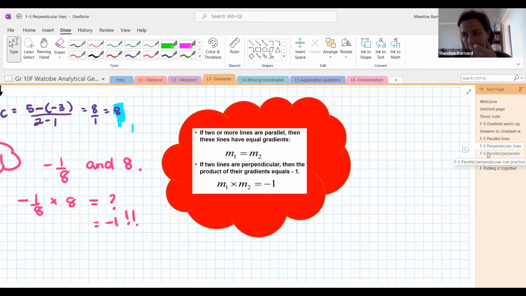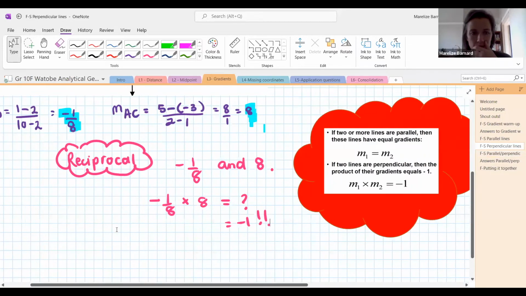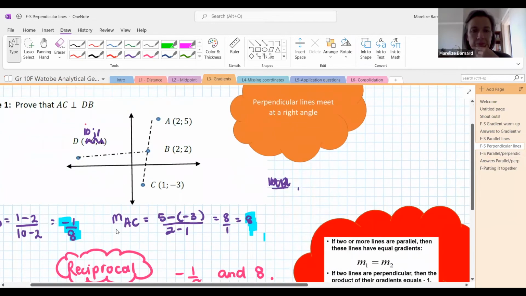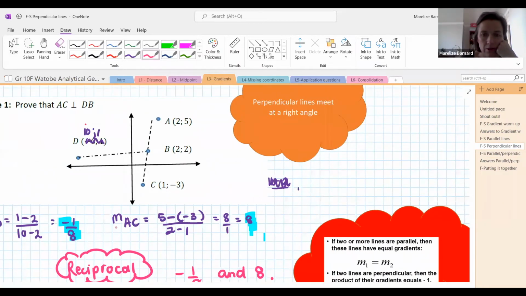For the gradient of AC, ma'am, I didn't get 8. I got -8 because I changed my x, y's. Okay. So you went the other way around. So you went -3 -5 over 1 - 2.